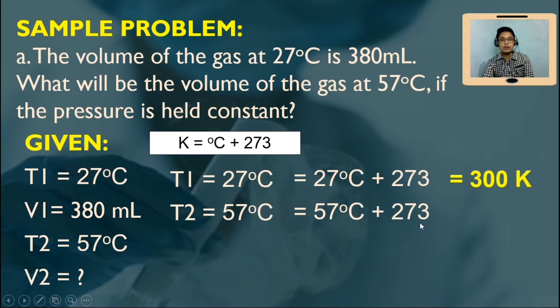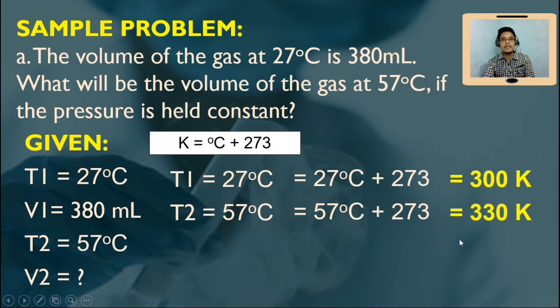So add lang natin ulit yung 273 from this formula. It will give you the answer 330 Kelvin. So therefore, ito na yung absolute temperature natin at ito yung gagamitin natin mamaya doon sa ating formula. So now we are done in identifying and listing down of the given values for our problem.